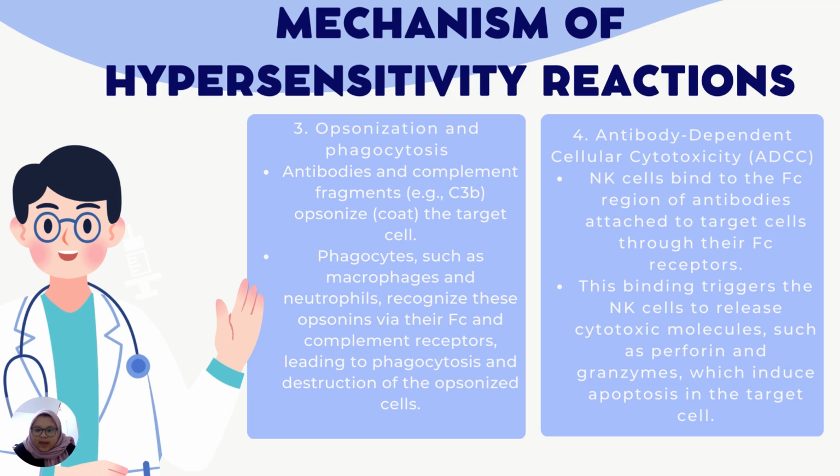Then the next mechanism is antibody-dependent cellular cytotoxicity. The NK cells attach to the target cells by binding to the Fc region of the antibodies through their Fc receptors. This binding triggers the NK cells to release cytotoxic molecules such as perforin and granzymes, which induce apoptosis in the target cells.